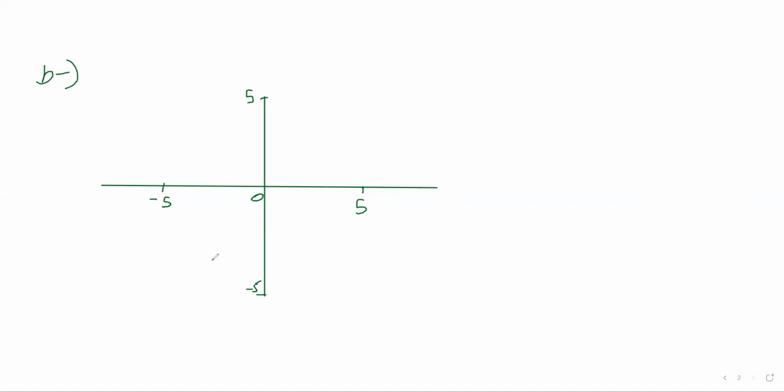So I have a graph, the graph which is already given in the question. That graph is negative from the y-axis. This is the point. Negative, then it is +4, and from the x-axis, the other point of the graph is here. The next point of the graph is -1 from the x-axis here.